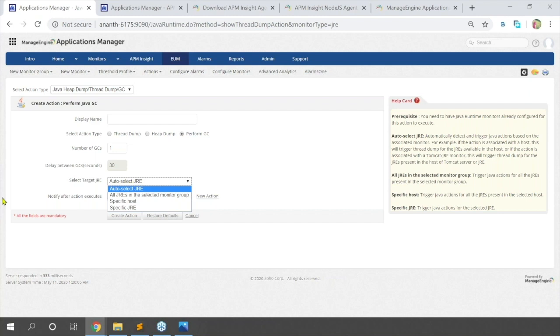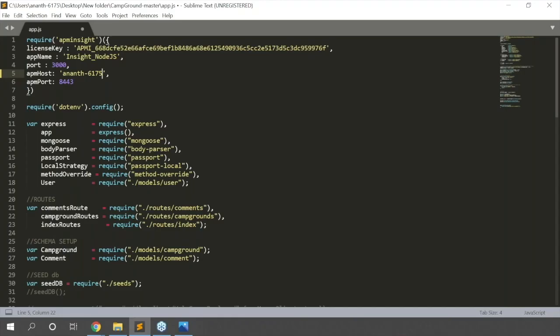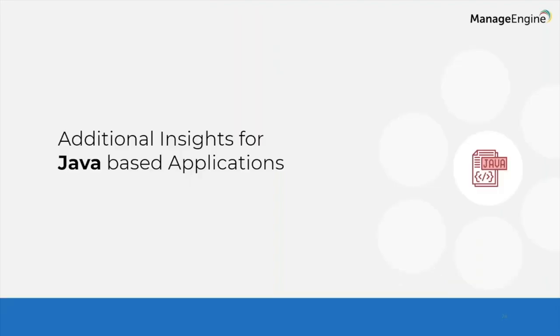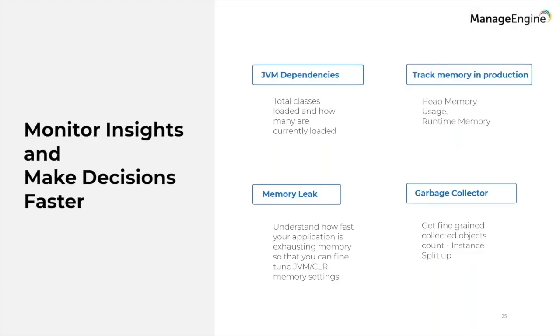So let's get into the final topic for today, that is the additional insights for Java-based web applications. When we talk about Java-based web applications, the JVM acts as an abstract computing machine for your Java-based applications.